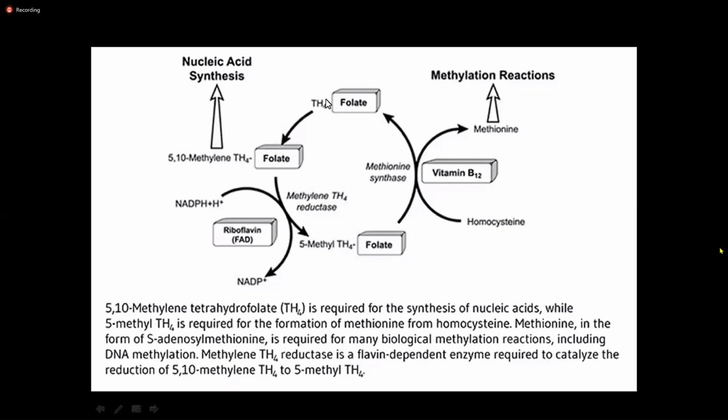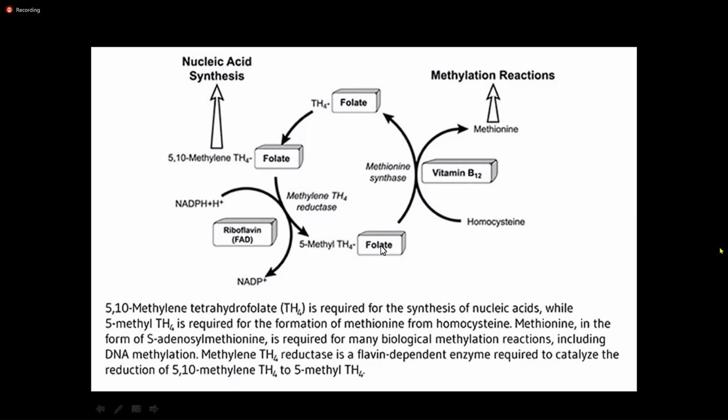This folate reductase produces tetrahydrofolate, and this tetrahydrofolate is used for the methylation reaction, and in that it uses riboflavin and methylene tetrahydrofolate reductase. Methyl tetrahydrofolate is now produced, and it is involved in the conversion of homocysteine to methionine.